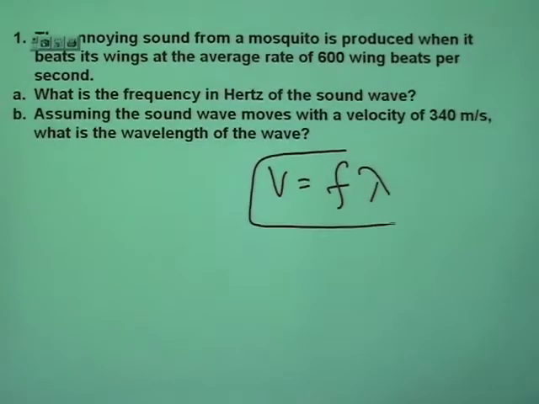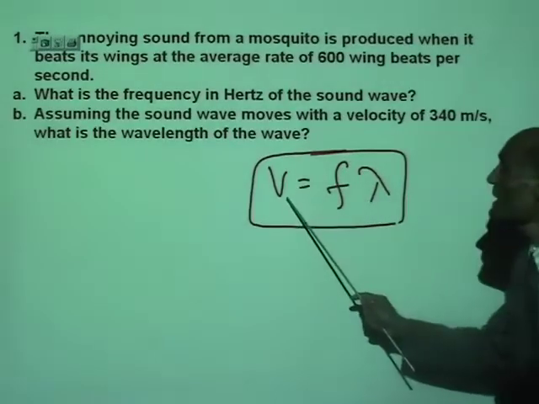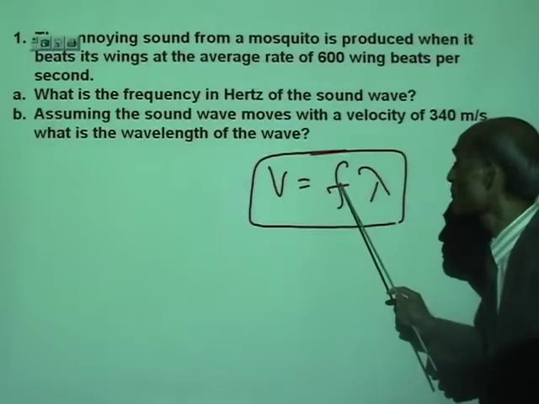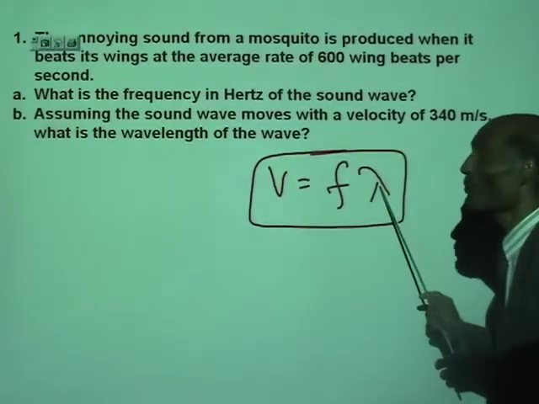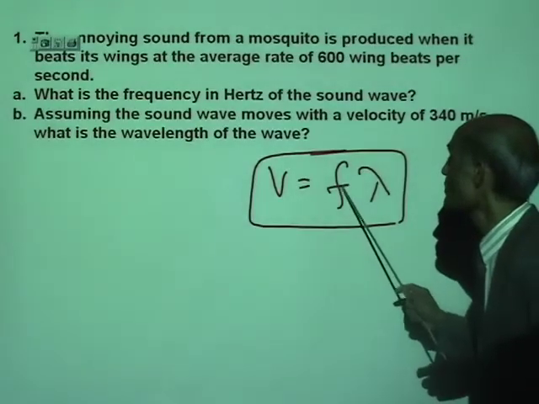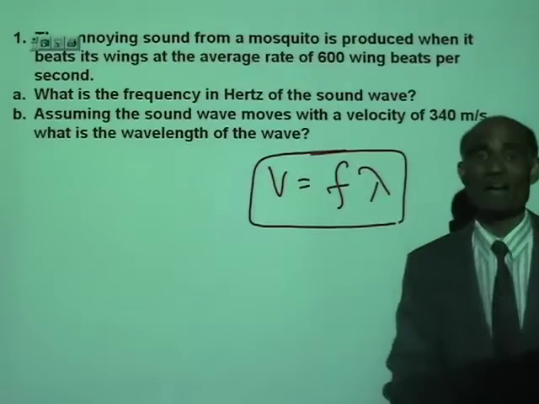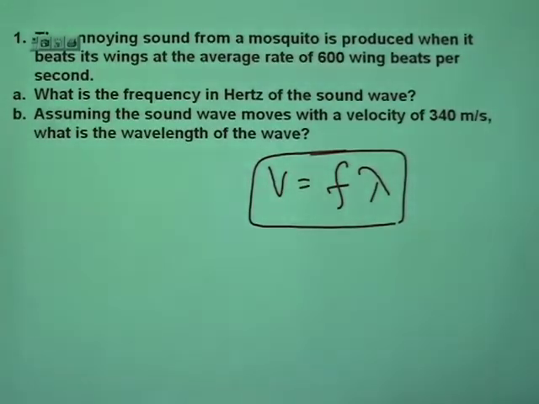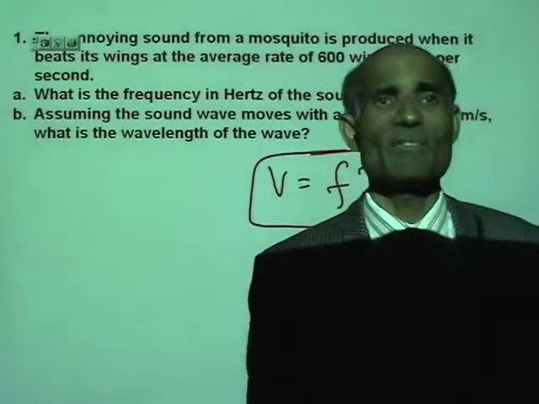You must remember that equation. Wave speed depends on frequency and wavelength. Wave speed equals frequency multiplied by wavelength. Once you know that, we can do a number of problems using that.